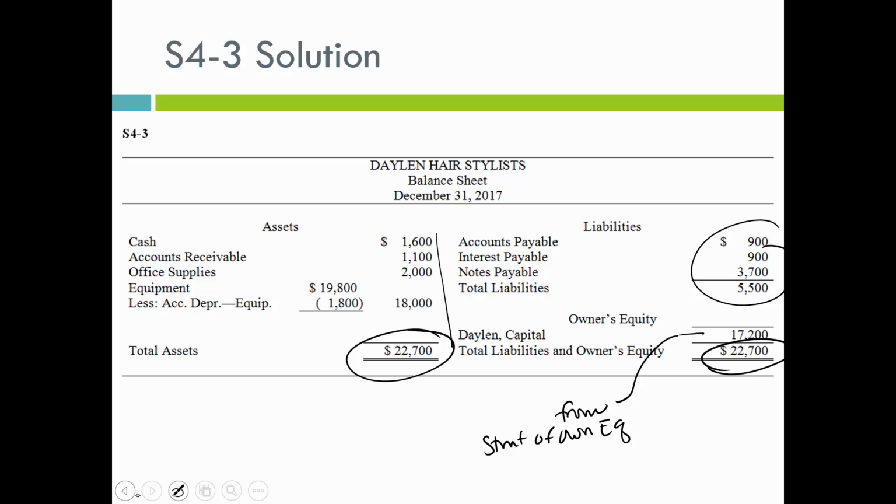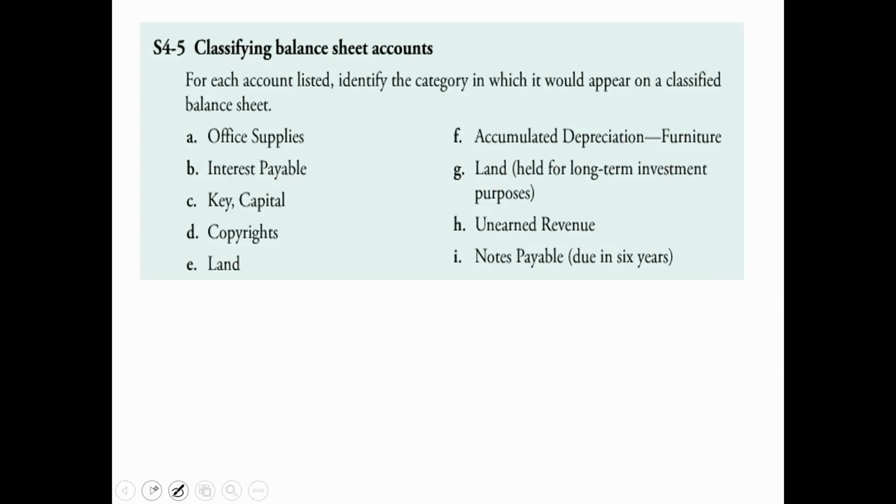So once I've done that adjusted trial balance, the work is done, right? I'm just putting them in a more readable format here, but all the numbers I'm just carrying over with the exception of the capital. And then before we do that one, I just want to do a quick exercise here on which category of the classified balance sheet.